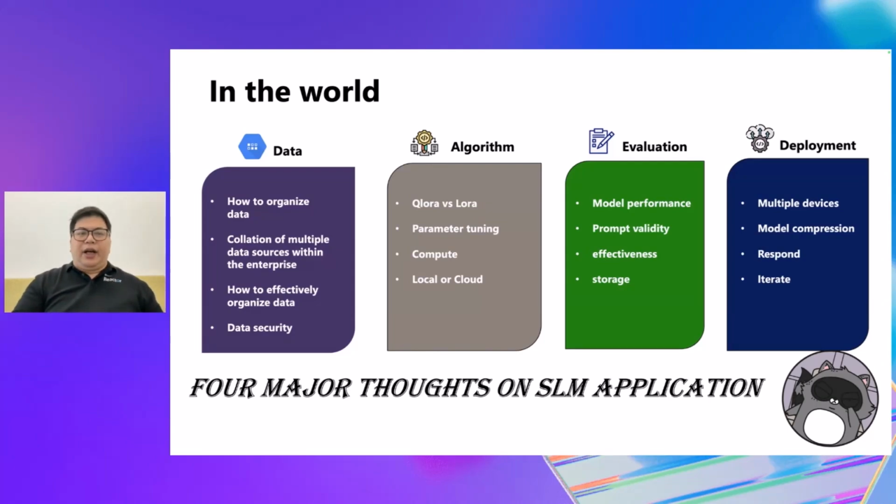Another thing is how to coordinate the multiple data sources within the enterprise. This is important because we have many data sources. How to find the business data is important. Another thing is how to efficiently organize data, and data security is important.